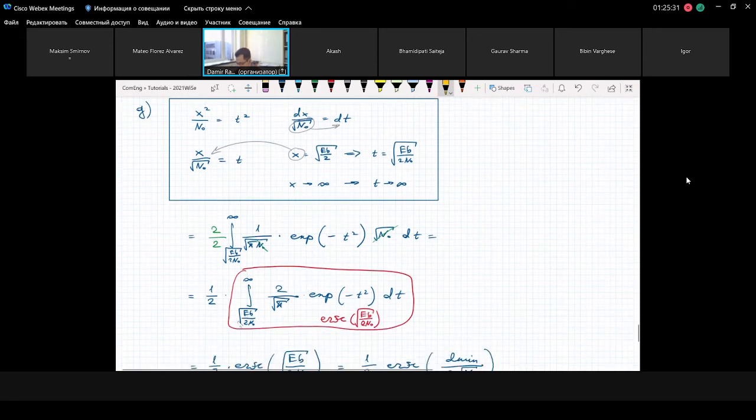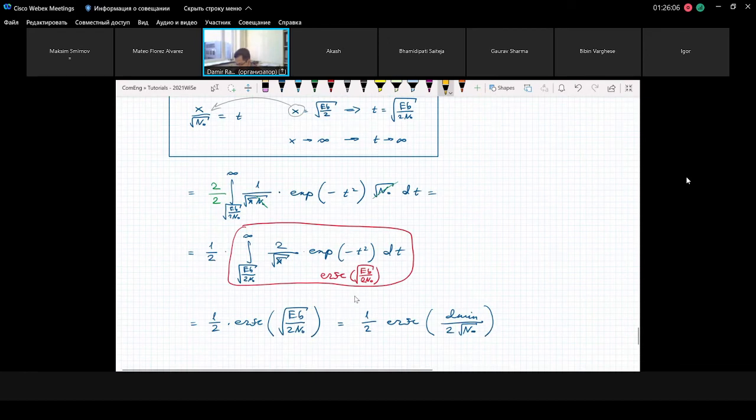I do these replacements, and I see that this form is exactly the same as the definition of this tabulated function, one of many different tabulated functions, more specifically the error function.